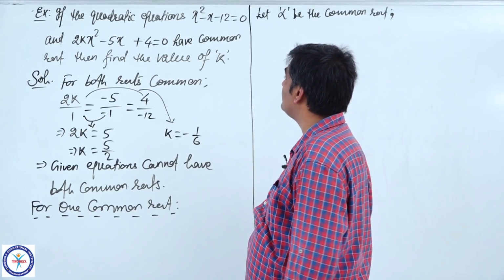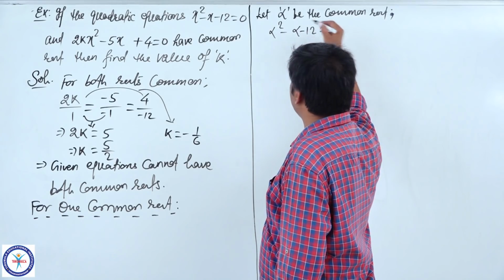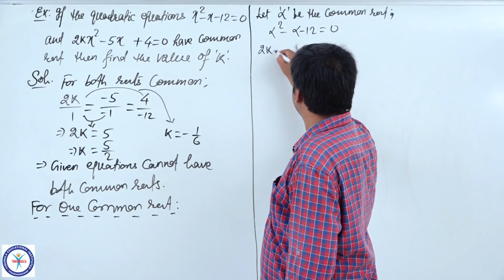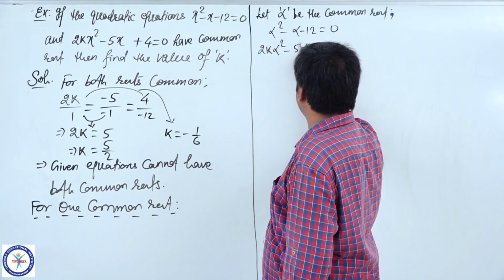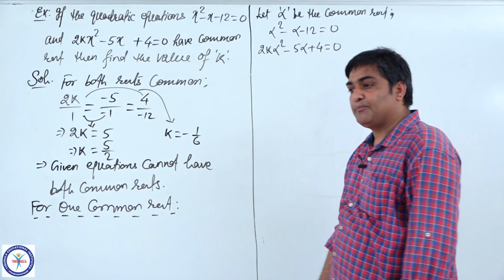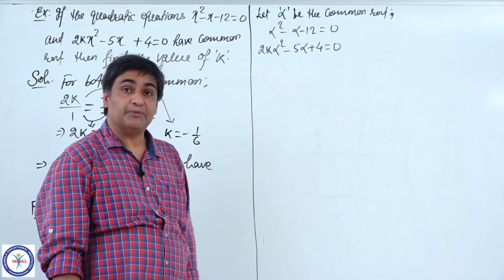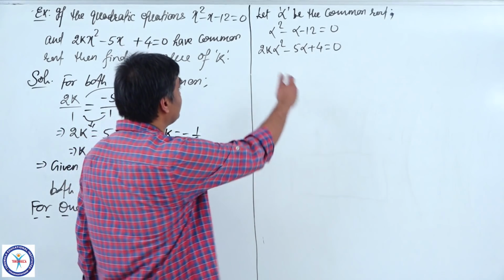Now, alpha square minus alpha minus 12 equal to 0, and 2k alpha square minus 5 alpha plus 4 equal to 0. In the same manner, we apply the method of cross multiplication.